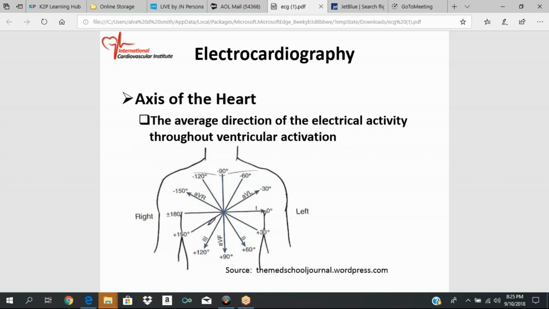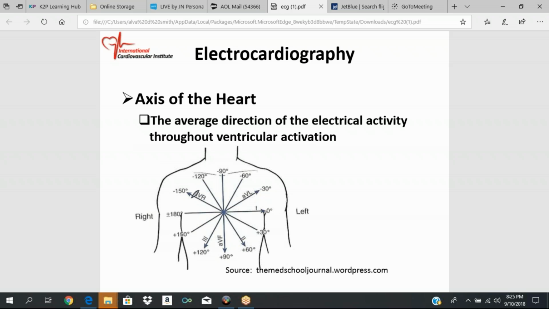AVL, so when you look at your ECG and you see AVL, AVL is minus 30. So again, we're now above the horizontal. So anything above the horizontal is negative. So positive AVL is minus 30 degrees. Okay?